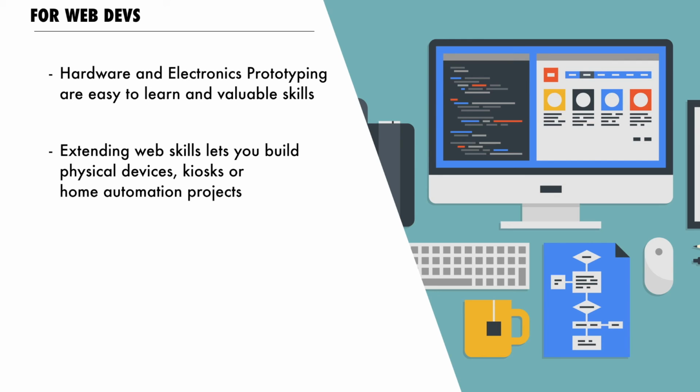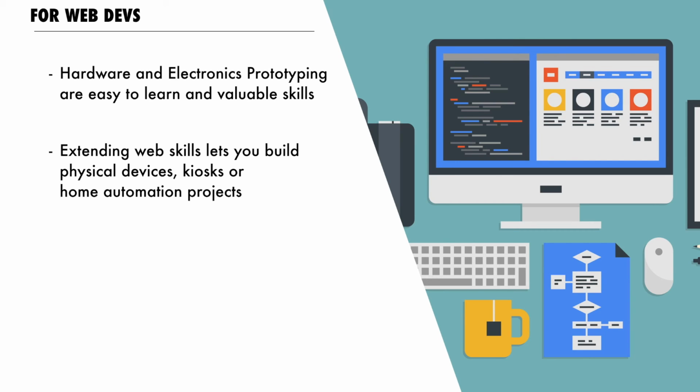And these physical devices and kiosks and home automation projects are something that you previously were unable to do, and as a web developer, when you look at these projects, you always think that you need to be an electronic engineer, or you need to at least learn a different language like C++.